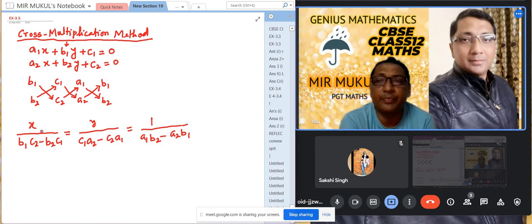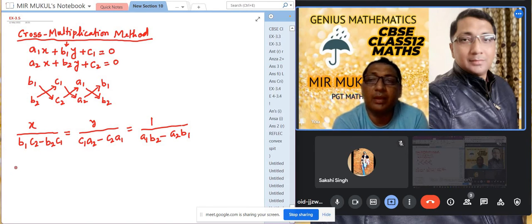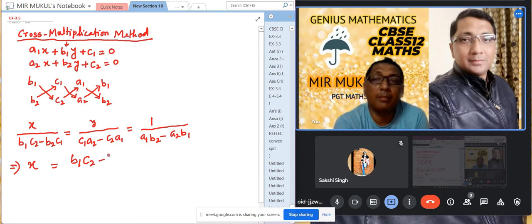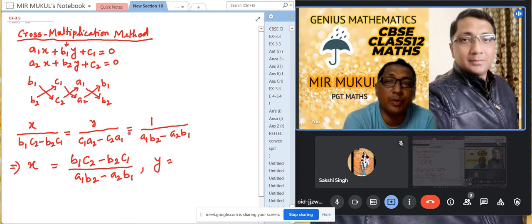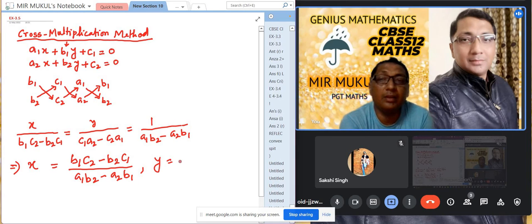After that it is easy, because whatever number we get here, the denominator of x we will bring here, then we get the value of x. So the value of x will be b1 c2 minus b2 c1 divided by a1 b2 minus a2 b1, and for the value of y, just bring the denominator of y to the right hand side, then crosswise it will come in the numerator.